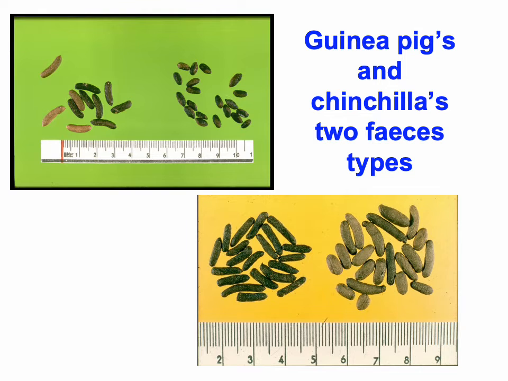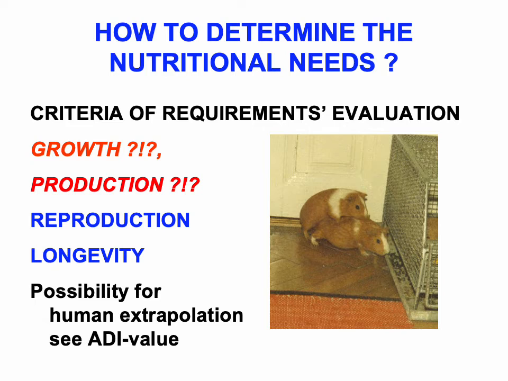Here you can see that the guinea pig and the chinchilla also have two types of feces, and the black one is recycled in case of fiber or protein deficiency. Now the question arises how to determine the nutritional needs of the laboratory animals.